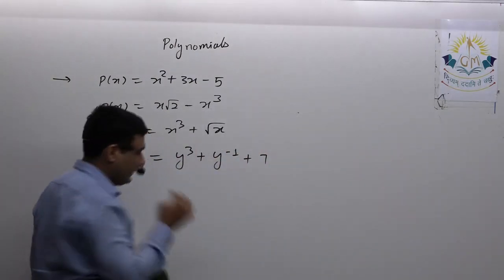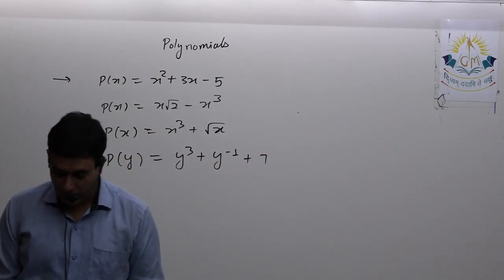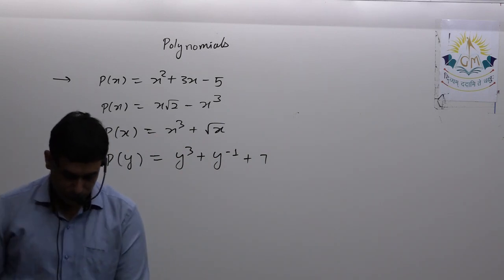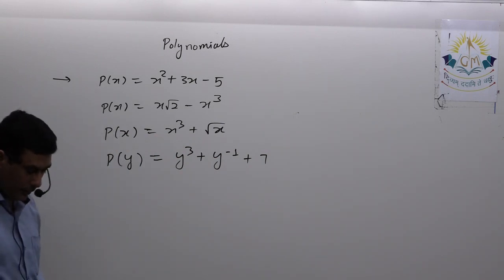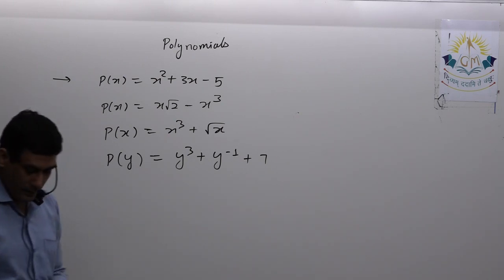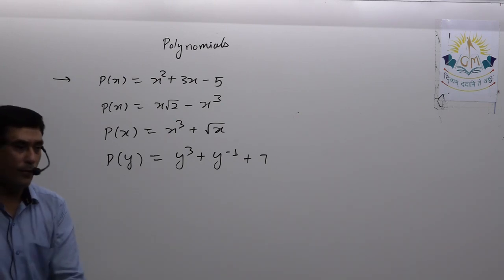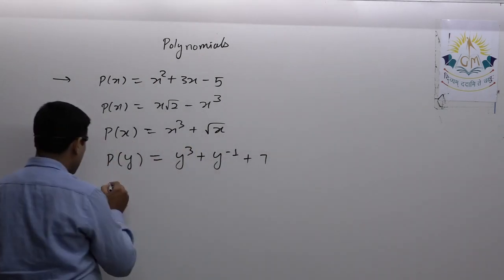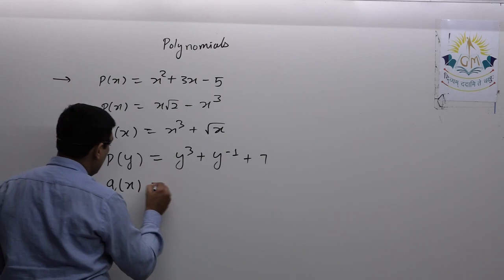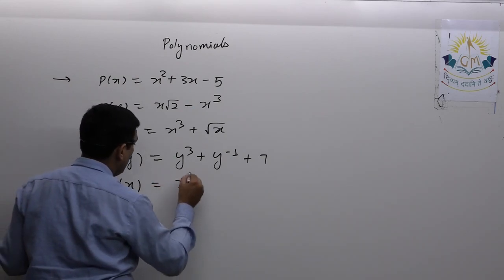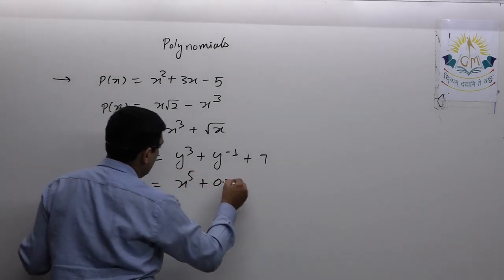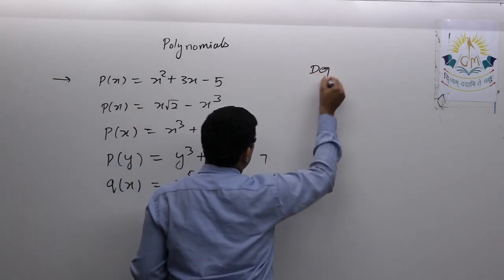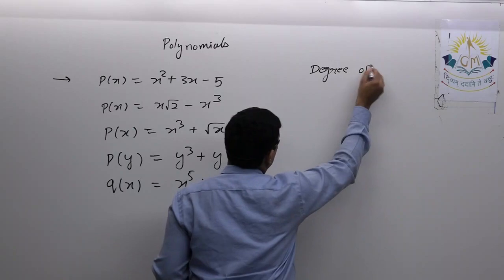Now next we will see the degree of polynomial. The degree of a polynomial is the maximum power of the variable. If an algebraic expression is a polynomial, then the maximum power of the variable is called the degree of the polynomial.